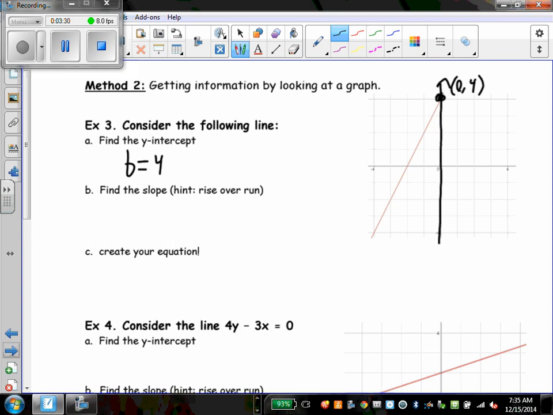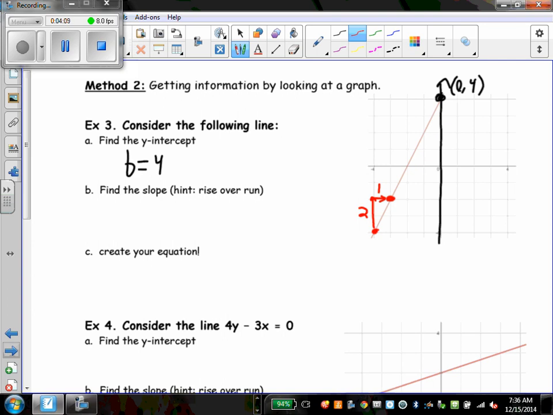To find the slope, you're going to want to start at a point and then find another point that's somewhere to the right of that point. So the first point to the right that's easy to see is this one here. And what you want to do is figure out how to get to that second point. I would recommend going up or down first and then going to the right. So in this case, I end up going up 2 and over 1 to get to that point.